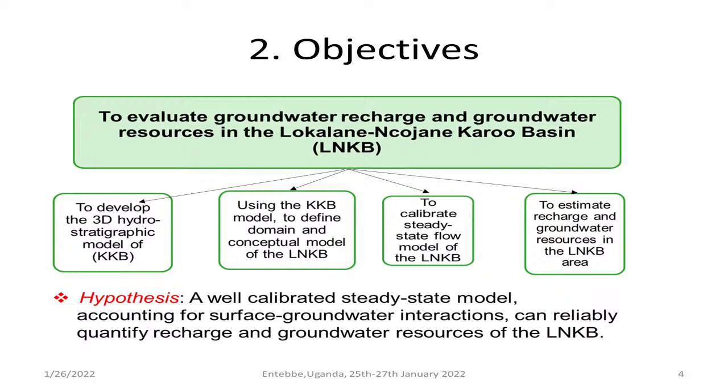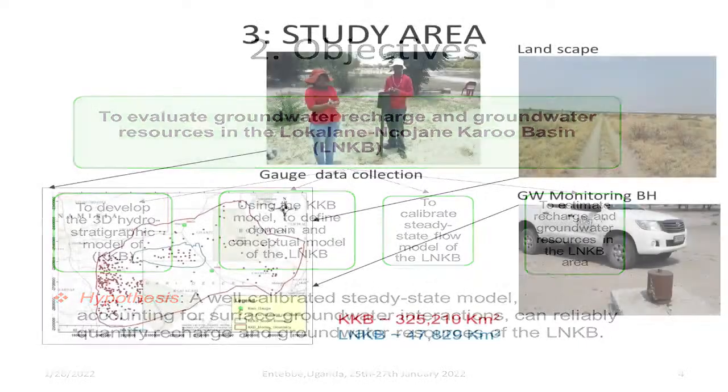At first, we started by trying to understand the hydrostratigraphy model of the big area, which is the Kalahari-Karoo Basin. Then we narrowed down to just a small part of it, the Lokalane-Kojane Basin, so as to develop some sort of a model and see the flow regime in the area and how they work.